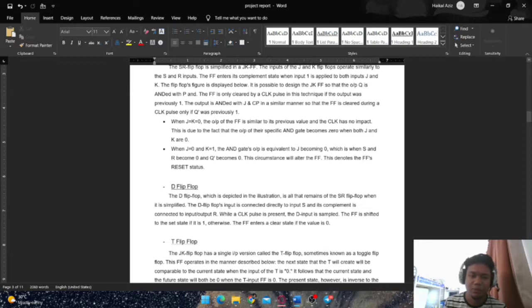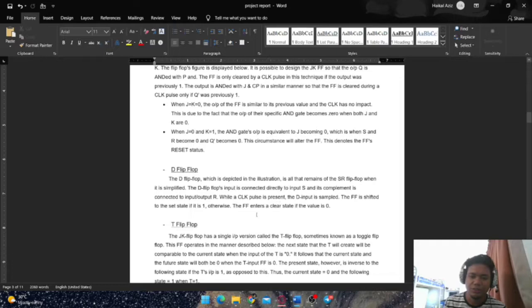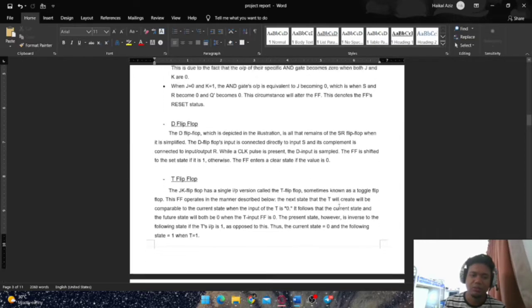The D flip-flop's input is connected directly to input S and its complement is connected to input R. While a clock pulse is present, the D input is sampled. The flip-flop is shifted to the set state if it is 1. Otherwise, the flip-flop enters a clear state if the value is 0.